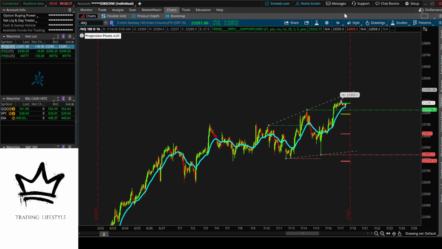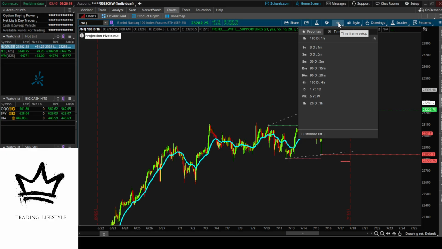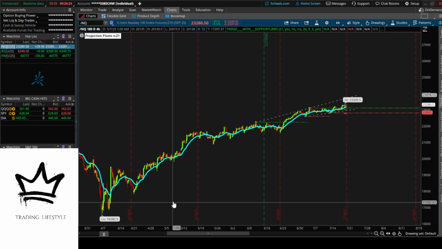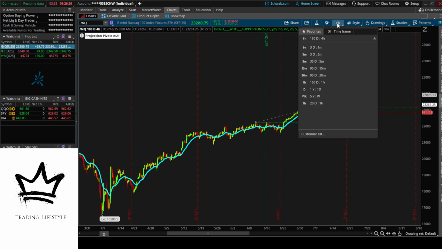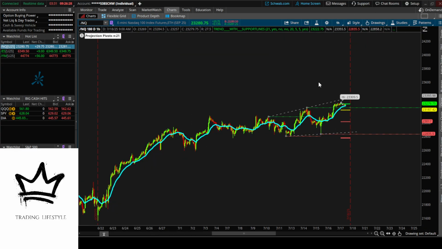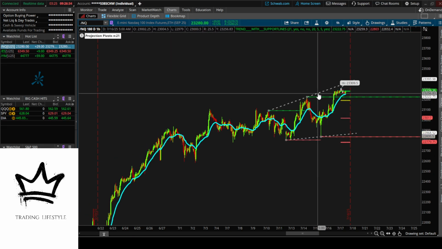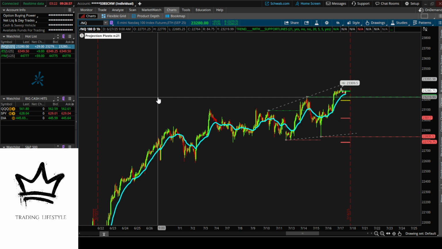So you want a few things. You want to take a look at your 4 hour, get the trend. The trend is going up. You want to come down to your 1 hour, and look around price action and see what's going on around it. Right now, around price action, we have this high that broke.